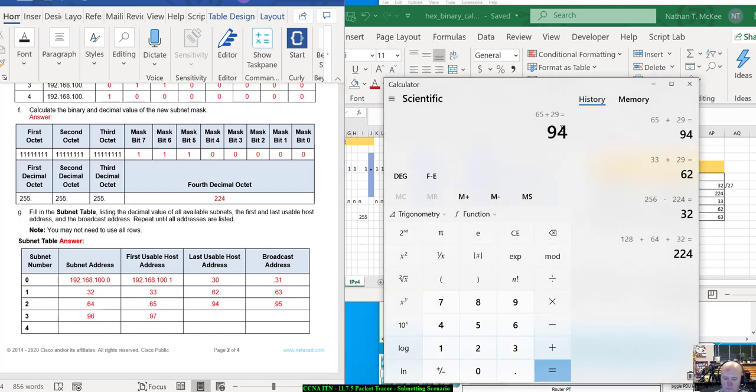All right, 97 plus 29 more to make 30 is .126. .127 is the broadcast. This would be .128.